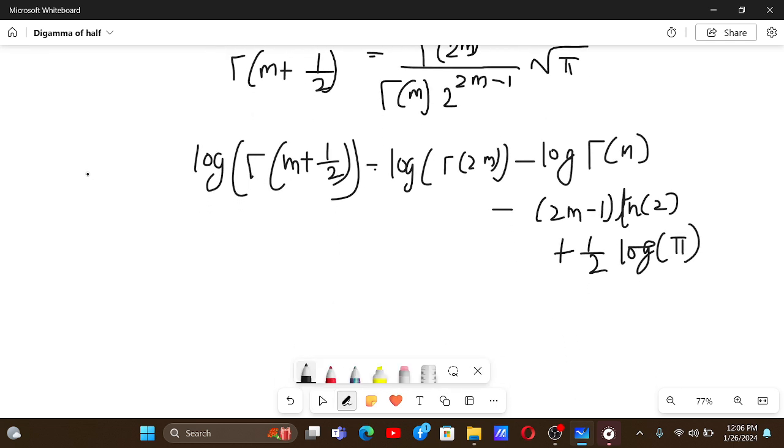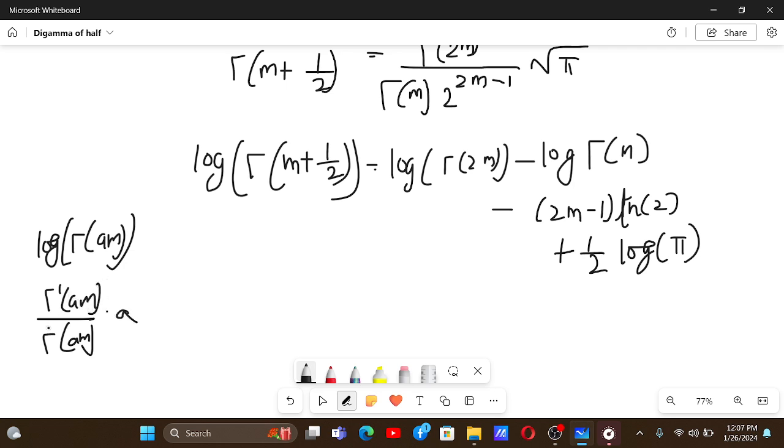Now if we differentiate the log of, let's say, gamma of am, what we get is gamma of am in the denominator, and then gamma dash of am, and another a, and gamma dash something by gamma something is digamma of something. This is digamma of am times a. So do understand this formula.